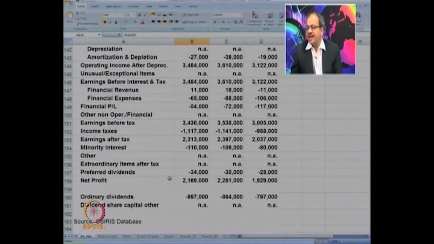If you go to P&L account, you will see that income taxes and earning before tax, we will try to relate it to calculate the tax rate. So, you get around 0.32 for all the years. So, you can take 0.32 as an applicable rate for this company.